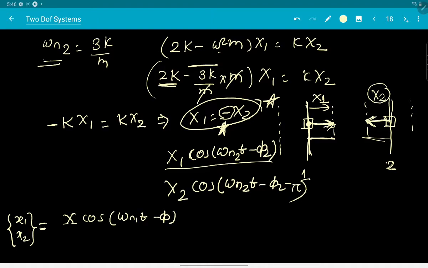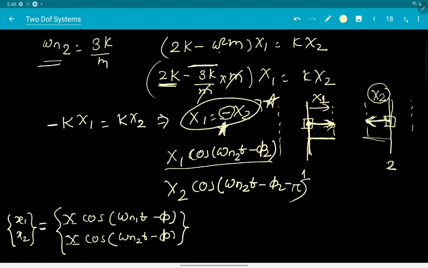So what will be the amplitude of x2? It will be again X cos of omega n1 t minus phi. This is case number 1.